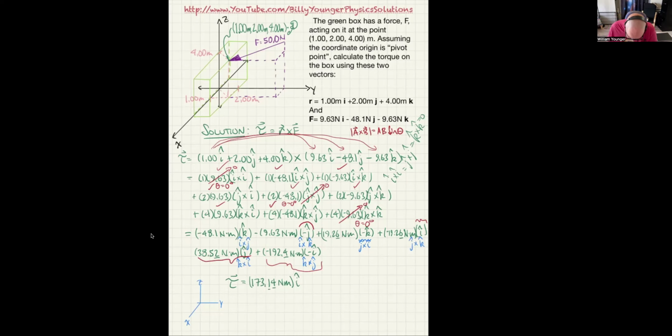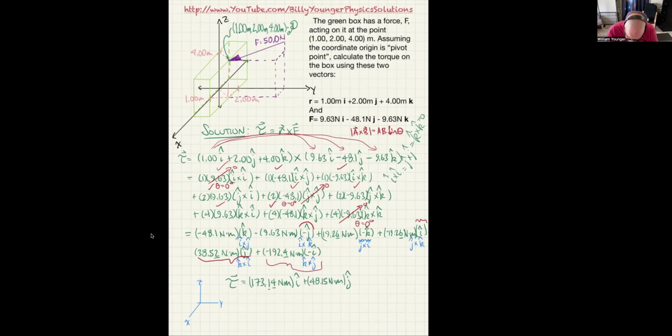And then that is added to 38.52. And that gives me 48.15 Newton meters in the j hat direction.